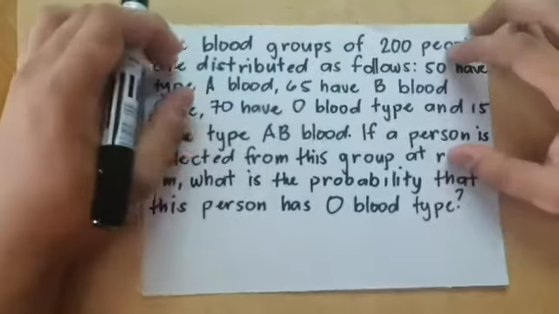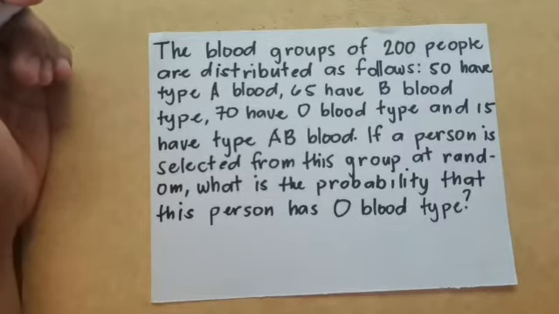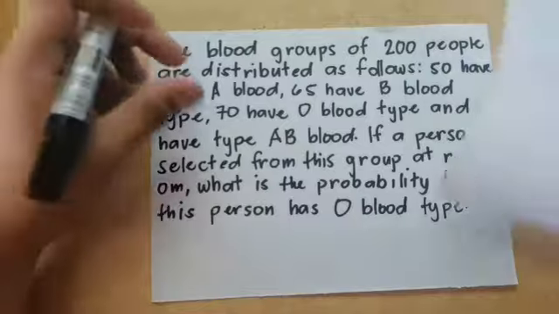Next question. The blood groups of 200 people are distributed as follows. 50 have type A blood, 65 have type B blood, 70 have type O blood, and 15 have type AB. If a person is selected from this group at random, what is the probability that this person has O blood type? So another probability problem.